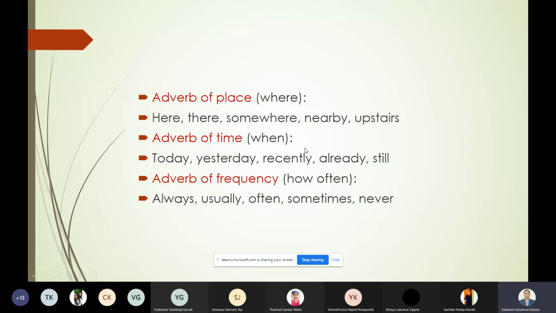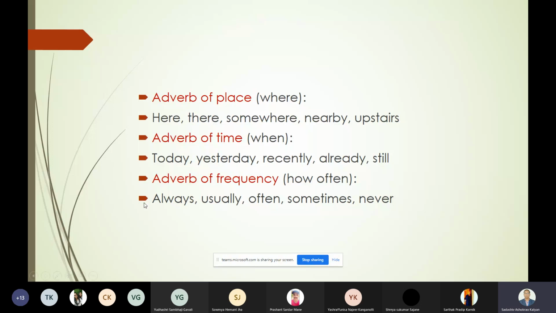So like the adverb of place, we also have the adverb of time. Time means in short it is trying to give us the answer to the question when. I have visited Ichalkaranji yesterday. When we are using the word when, then we want to use the word yesterday. I have had black coffee today.